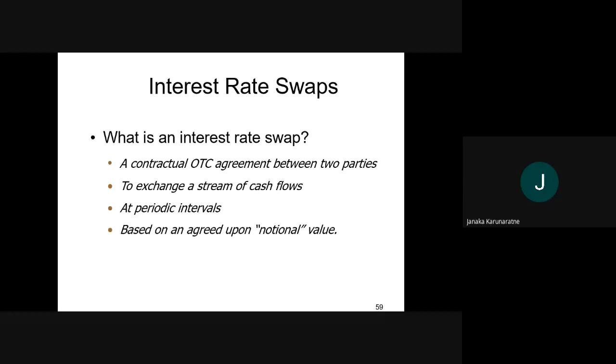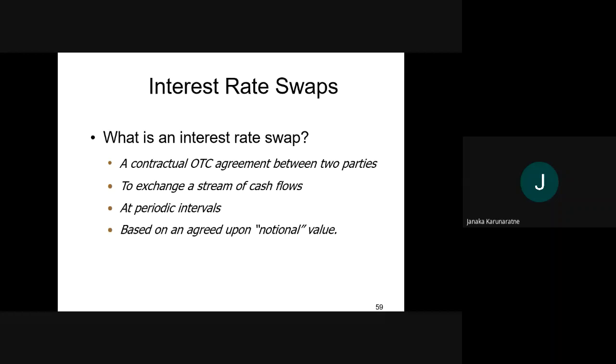So it is a contractual OTC agreement between two parties. OTC means over the counter, to exchange a stream of cash flows at periodic intervals based on an agreed upon notional value.